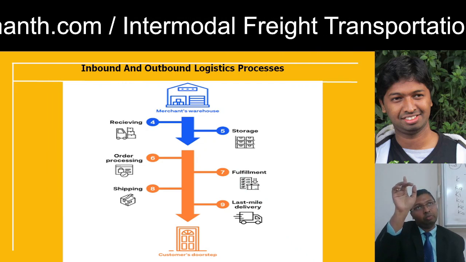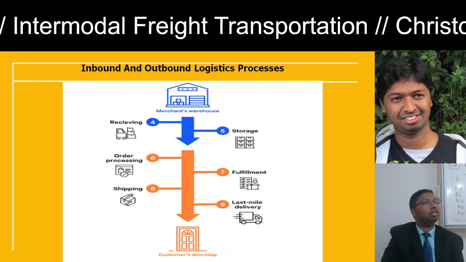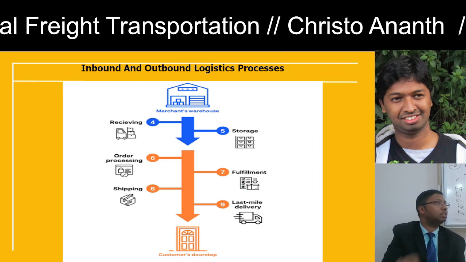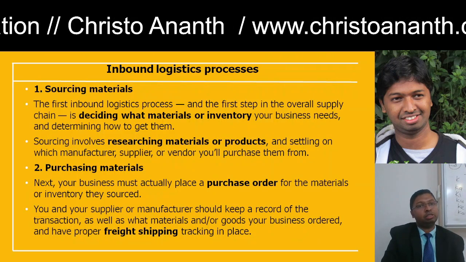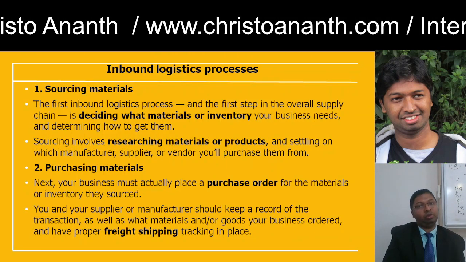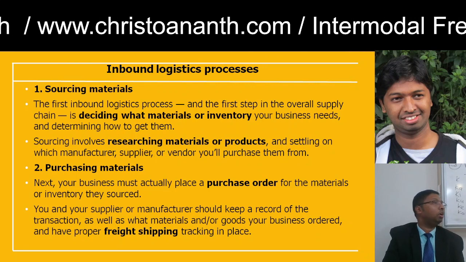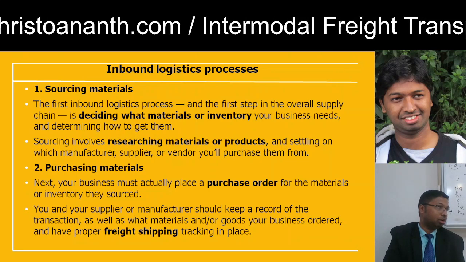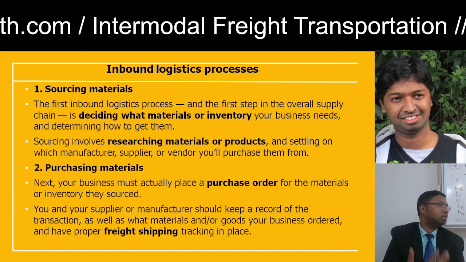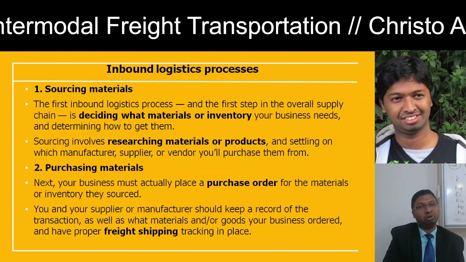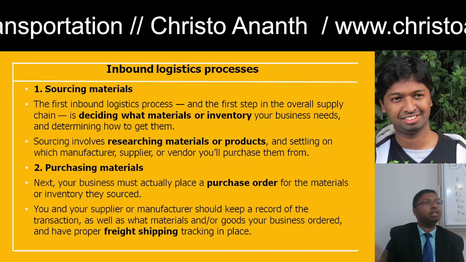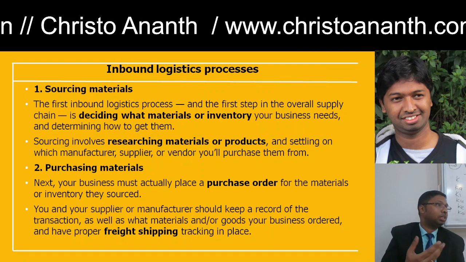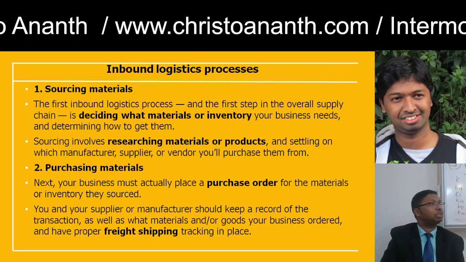And we have one procedure called reverse logistics that happens in the inbound, which we will be discussing. In the inbound logistic process, first of all, we have sourcing. You decide what type of materials or inventory your business actually needs, and you also have to determine how and where you get these raw materials, from a third party or through a specialized center.